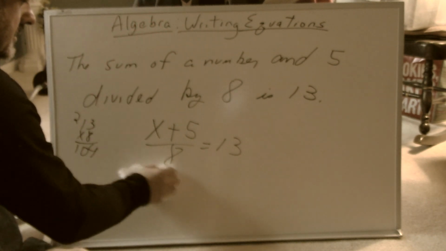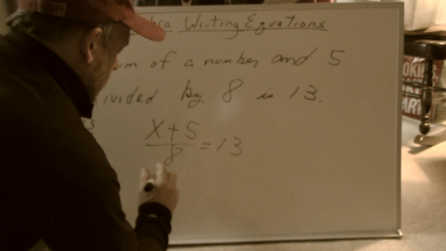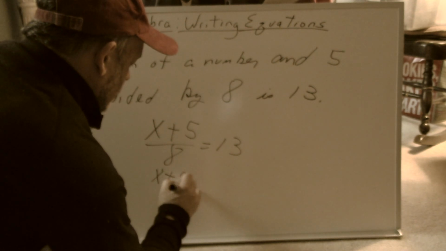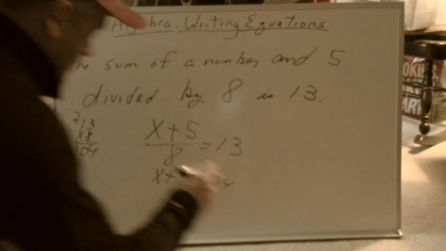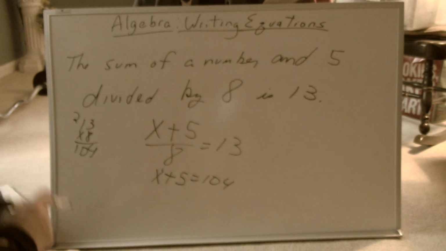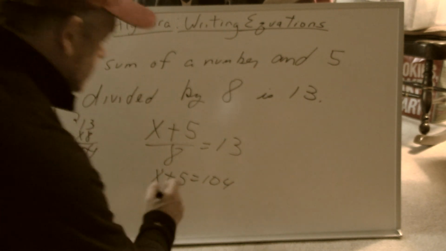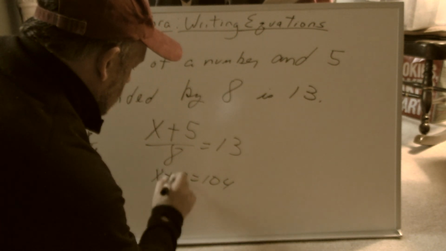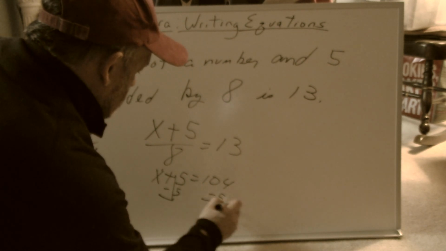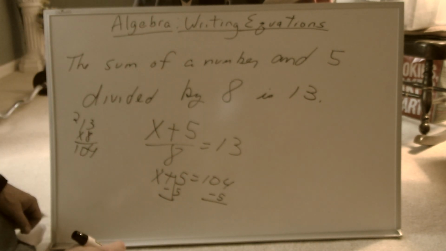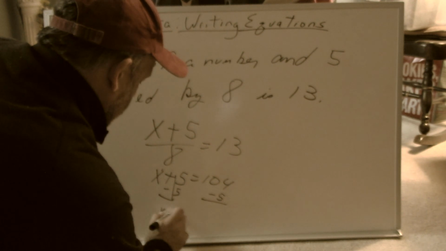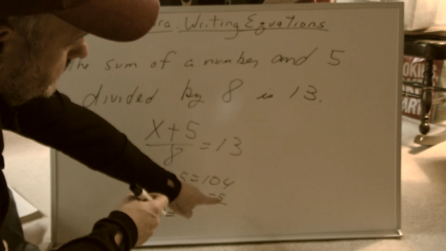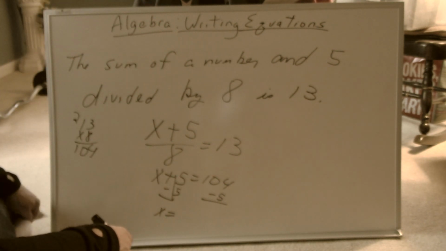So then, I'm going to bring this down. X plus 5 equals 104. Okay. Now we'll combine like terms. Now, 5, take away 4, you can't do it.